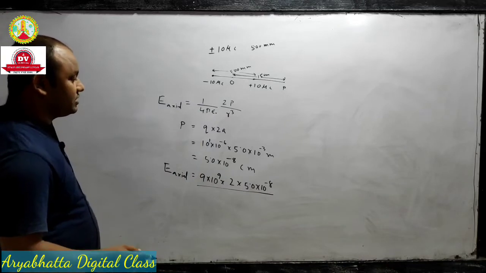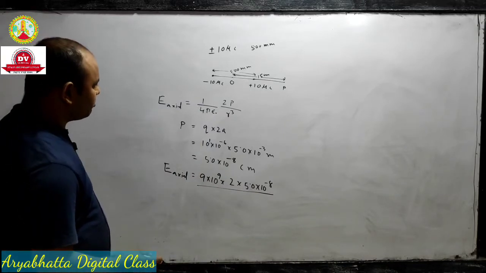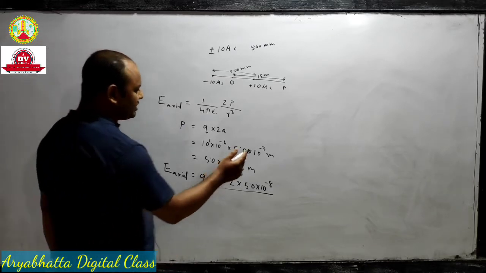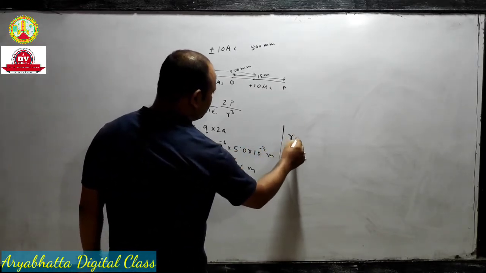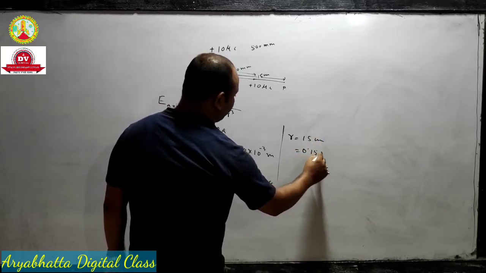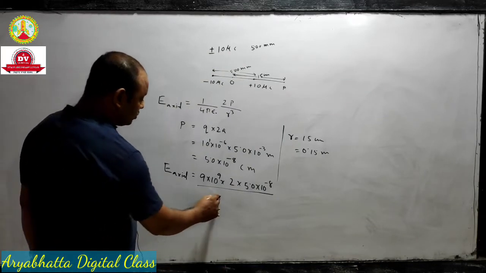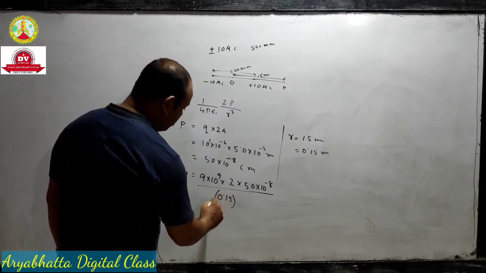R is the distance from the center to the point P. Here R is equal to 15 centimeter, that means 0.15 meter. So it is 0.15 whole cube.